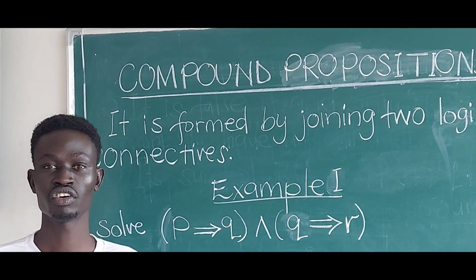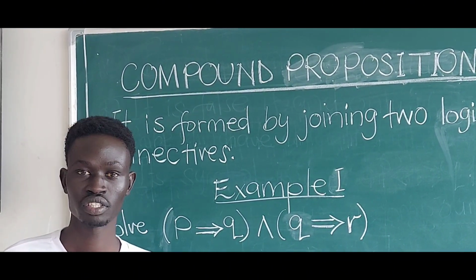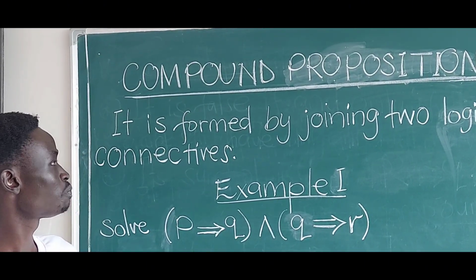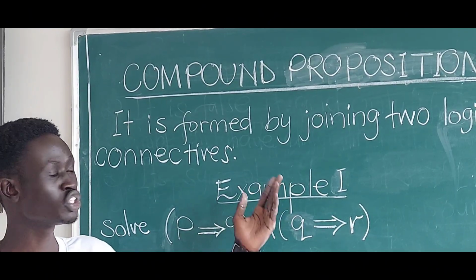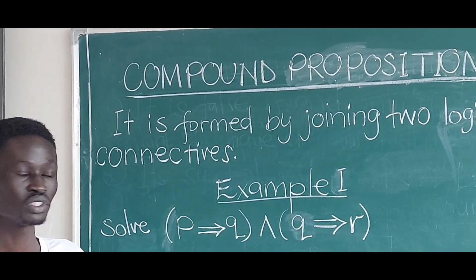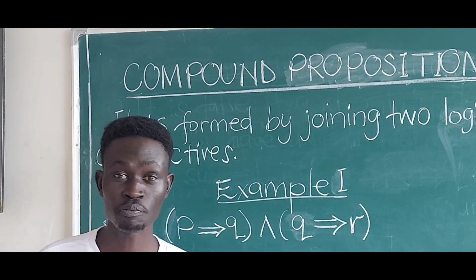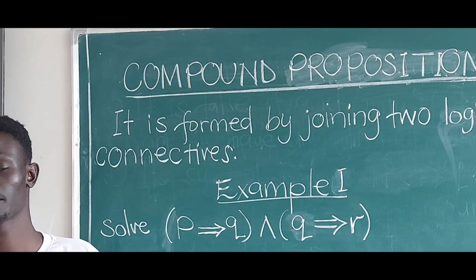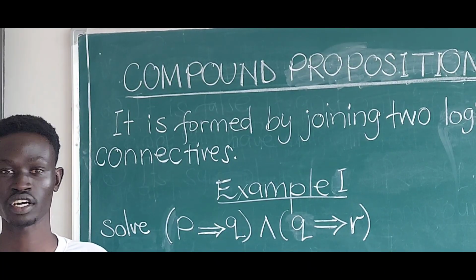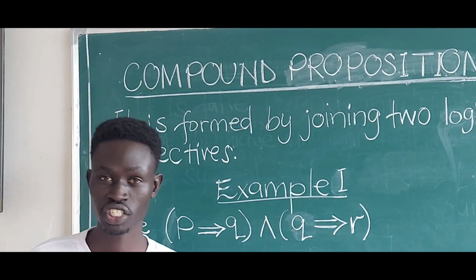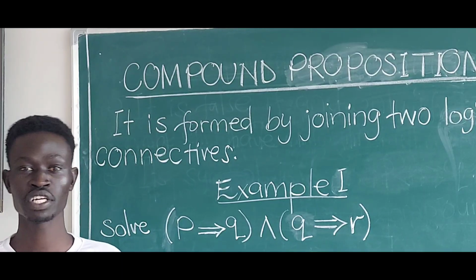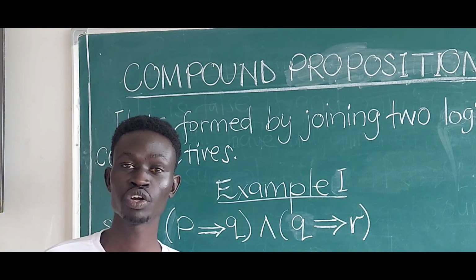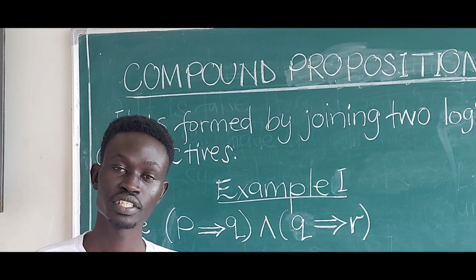So when we say compound propositions, it simply means when you join two logical connectives, that's when you form a compound proposition. Students, when we join conjunction or disjunction or negation or implication, two or three of them together, definitely we are forming what we call a compound statement.